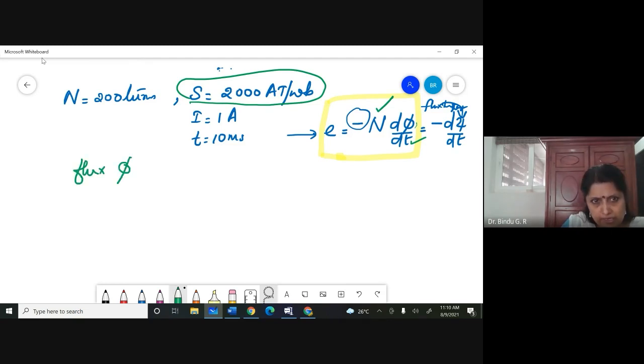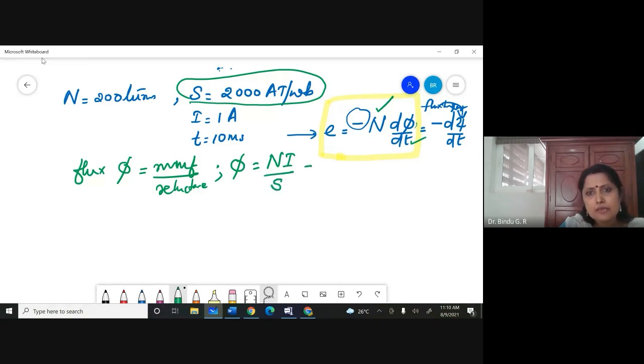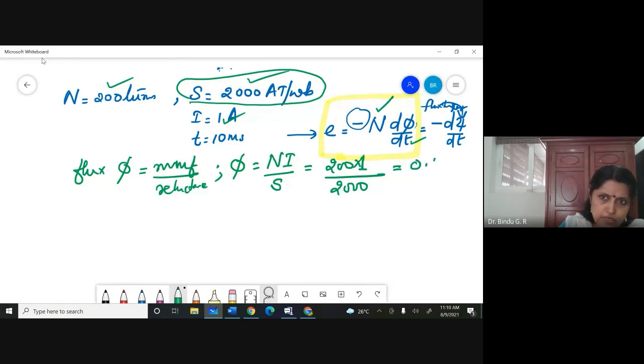Flux phi is equal to MMF by reluctance, that is, ampere turns Ni by S. Here N is 200 turns, current is 1 ampere, and S is 2000, so the flux will be 0.1 Weber.